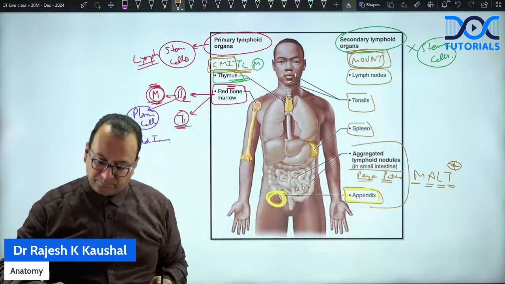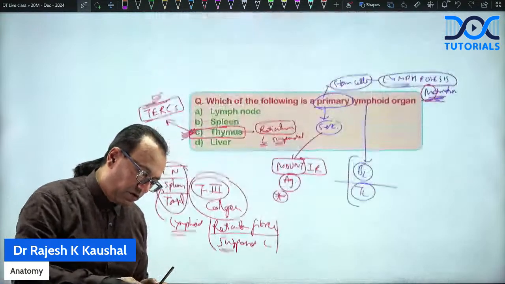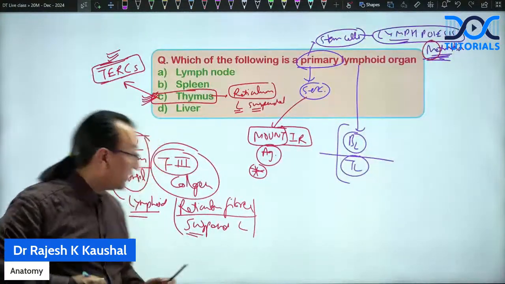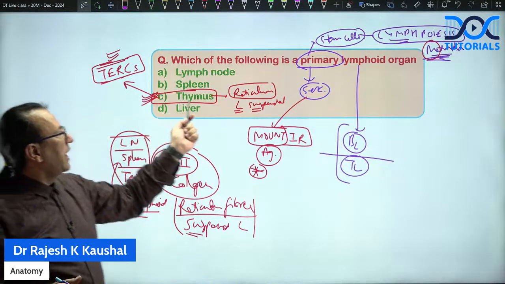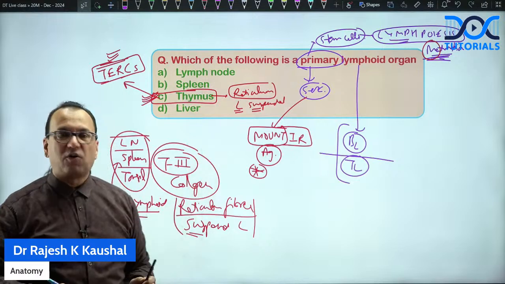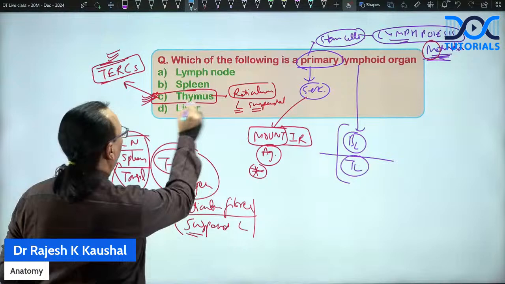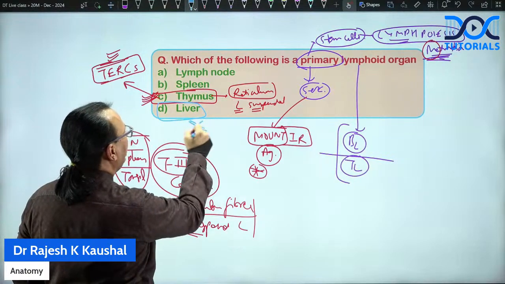So as you come back, you will see in this question we already have answered, and the answer was thymus, because it is a primary lymphoid organ. If you say lymph node, spleen, or liver, actually liver is not a lymphoid organ at all. You cannot classify liver as a lymphoid organ.